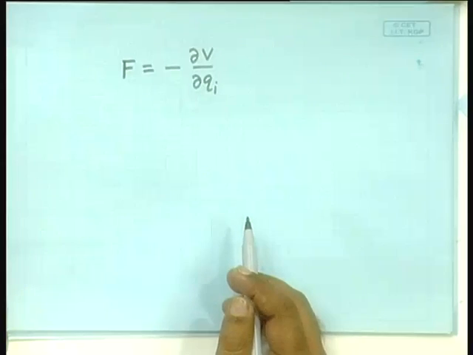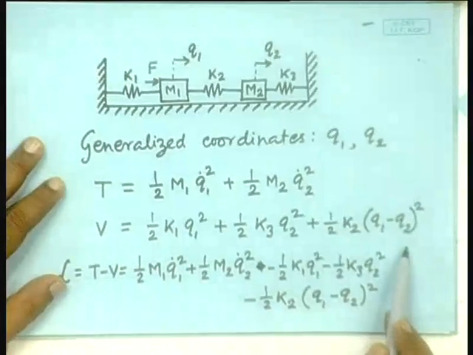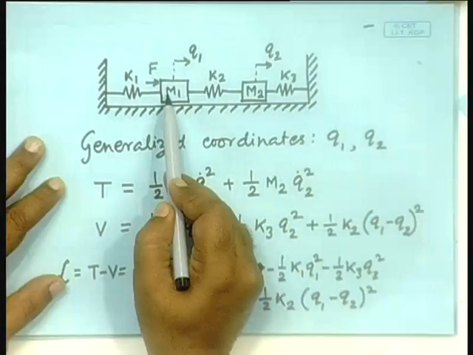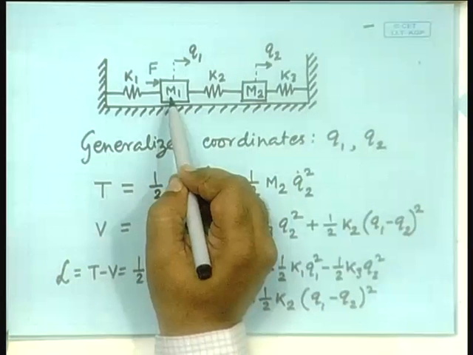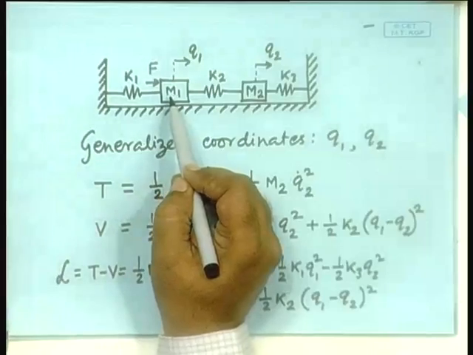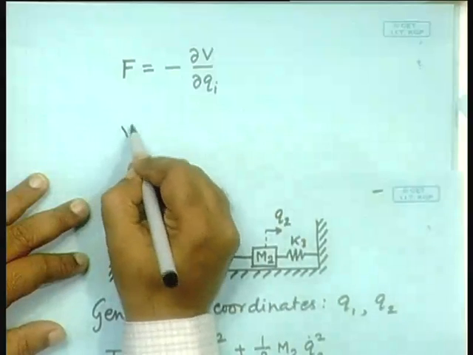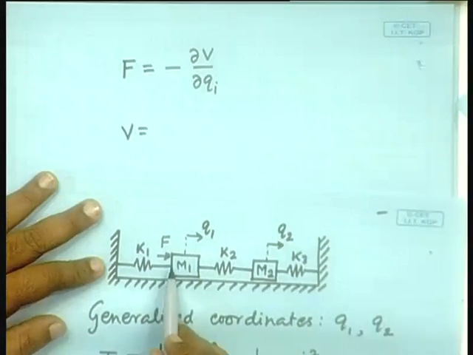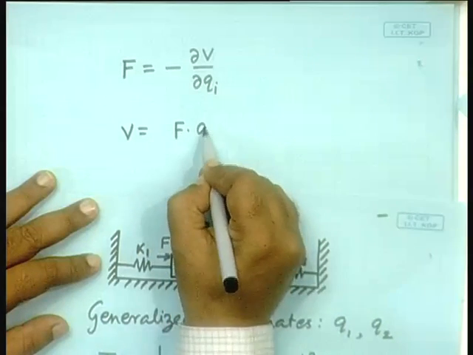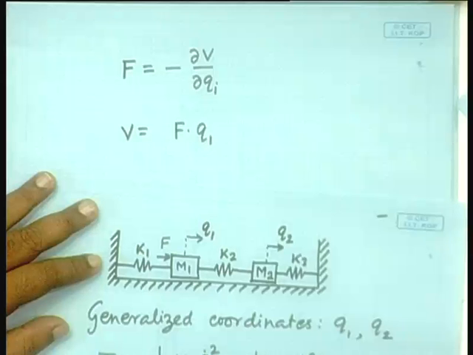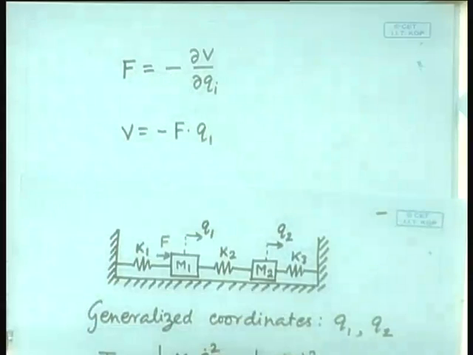The rule is that you have to add to the potential function the force times the generalized coordinate along which it is applied. So in this case we will write V equal to minus F times Q1, with a negative sign. Why? You will soon see that it is necessary in order to set the signs right.